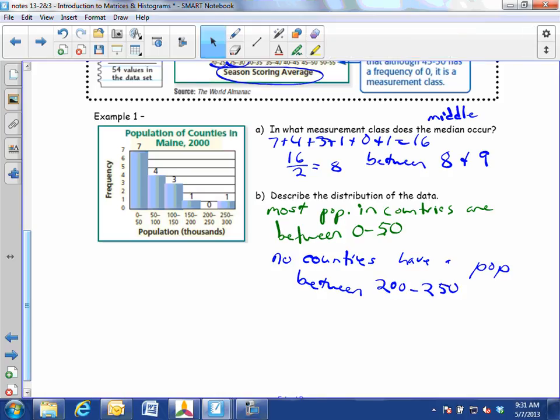Okay, what else? The number 7. Well, we kind of have this already. We said most counties are between 0 and 50. Anything else stand out? There's only 2 large populations. 150 to 200. 250.